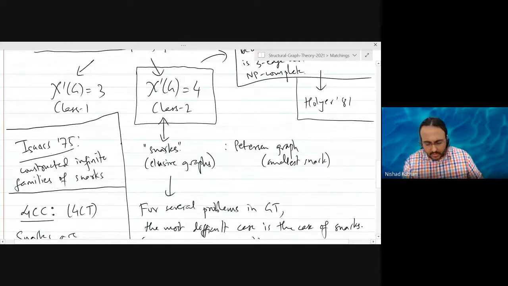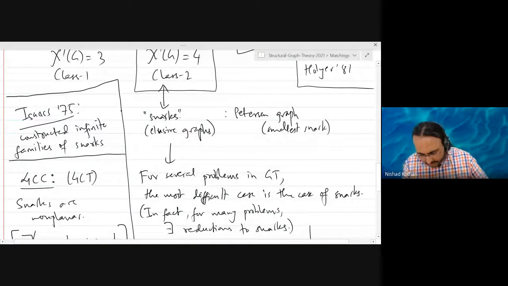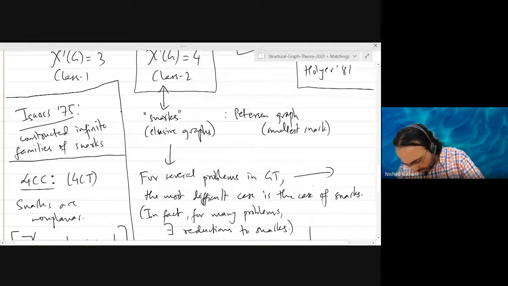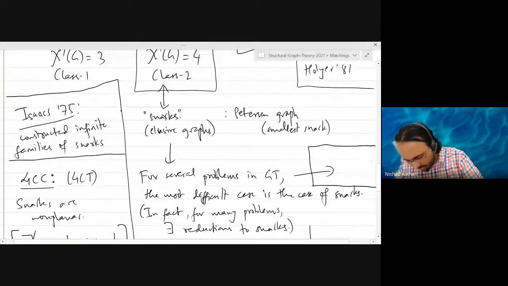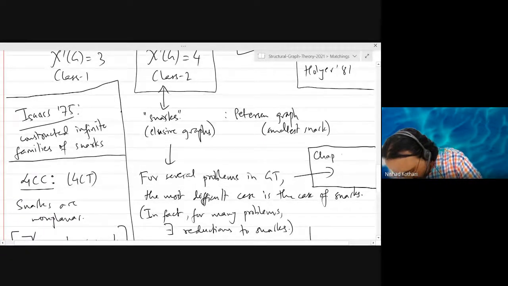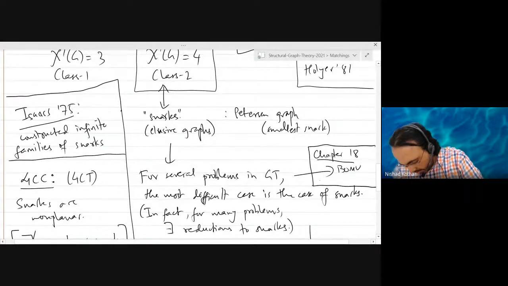Okay? If you're interested in more such conjectures, I recommend you to read chapter 18. Is it 18? I think it's 18 of Bondy and Murty. It is about flows in graphs. It is not the network flows that you may have seen in other courses. There are other kinds of flows.